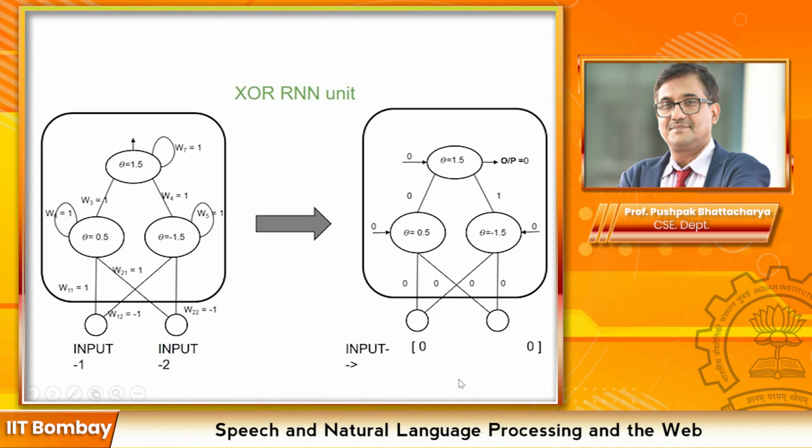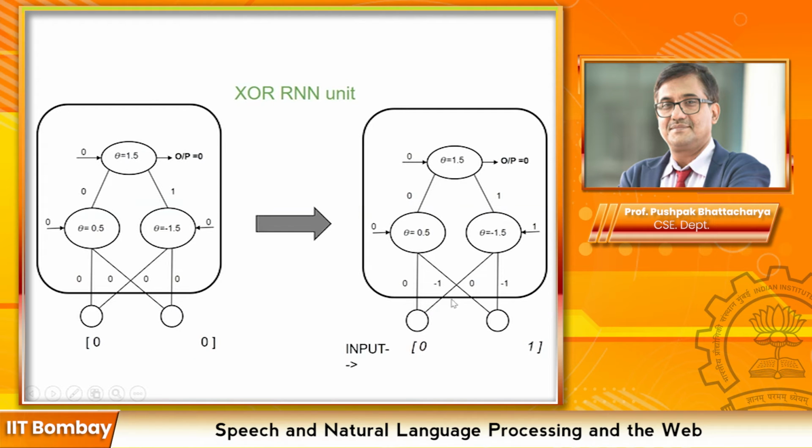Achha. So first I receive 0, 0. Output is 0. This is okay. And these zeros are actually what is reaching over the connection into the hidden layer. The next input is 0, 1. And here the output should have been 1.